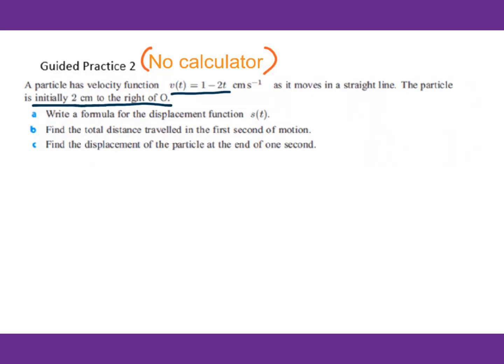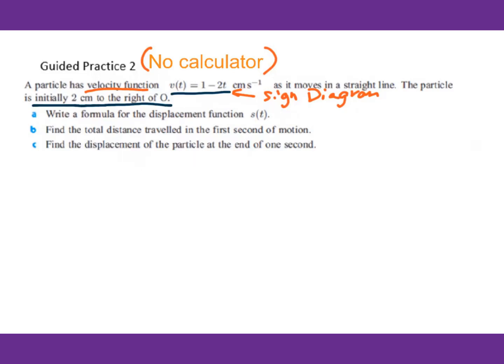Without a graphing calculator, you have to make sure to analyze the velocity. You have to do the sign diagram for the velocity so that you can work on the distance traveled.